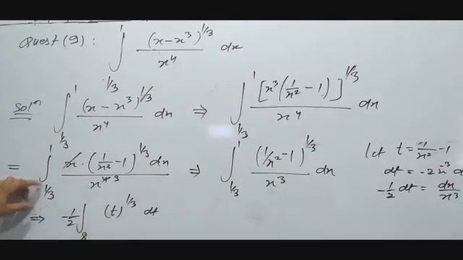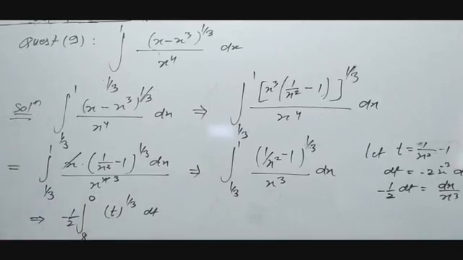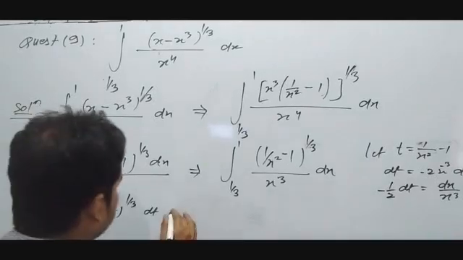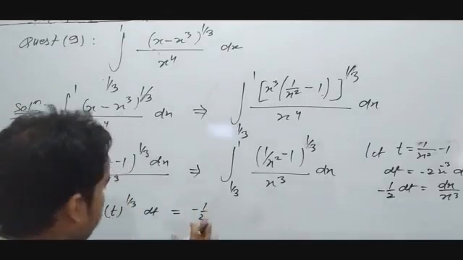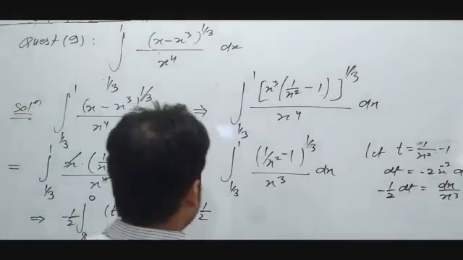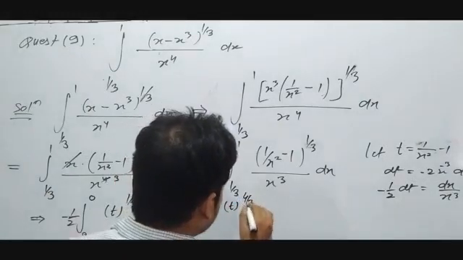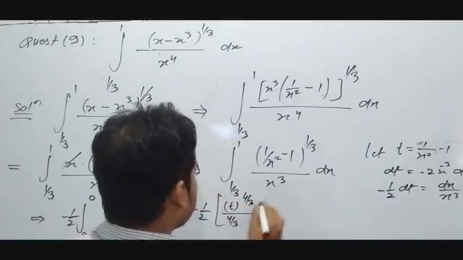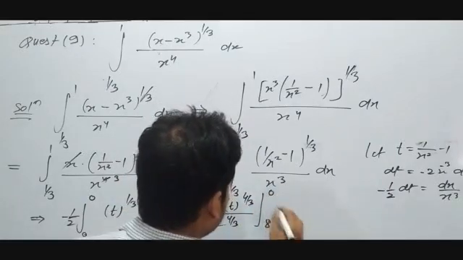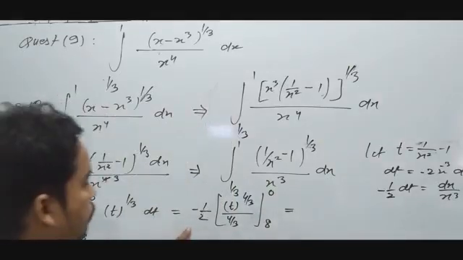And when you put x is equal to 1, you get 0, 1 minus 1, 0. And its integration, minus 1 by 2, is 1 by 3 plus 1 whole upon 1 by 3 plus 1, the x to the power n plus 1 formula. So the result will be t to the power n plus 1, means 4 by 3 whole upon 4 by 3, from 8 to 0. And now 4 by 3 will be outside.